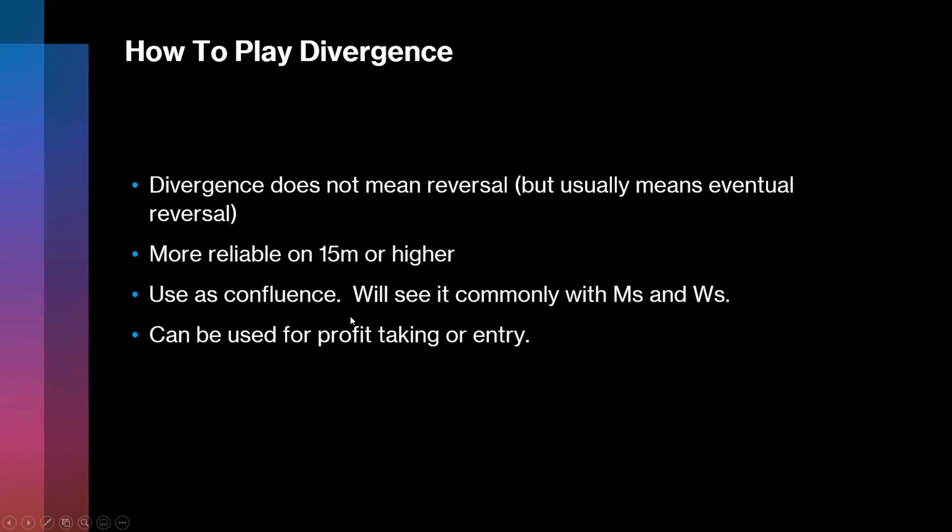So just a little bit on divergence. Divergence does not mean reversal, but it usually does mean eventual reversal. Like I said, sometimes it takes a long time for it to realize. It's more reliable on the 15-minute or higher. Obviously, we use it as confluence, and you're going to see it commonly with M and W patterns. What's also important is it can be a sign for you to take profit.